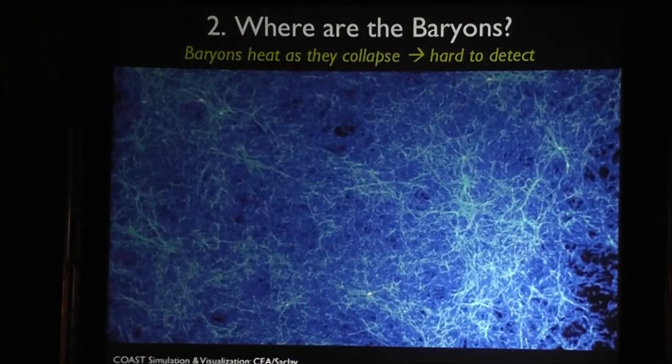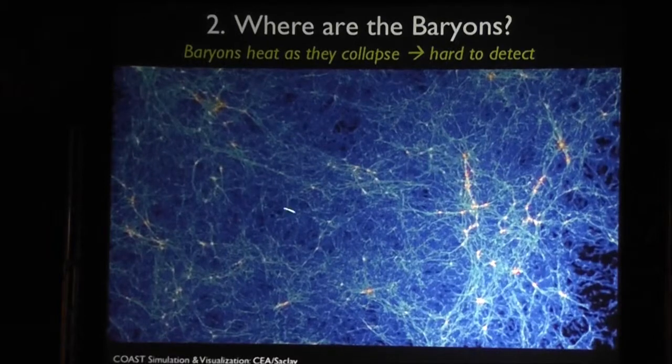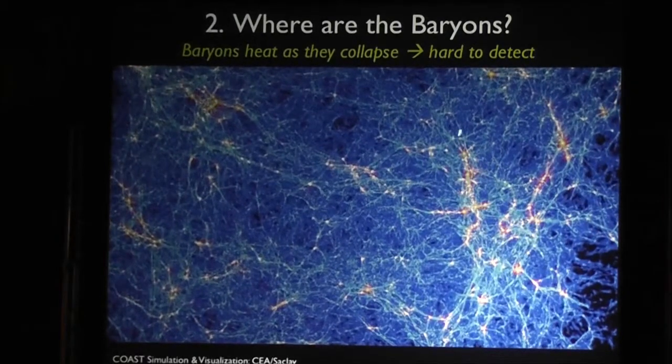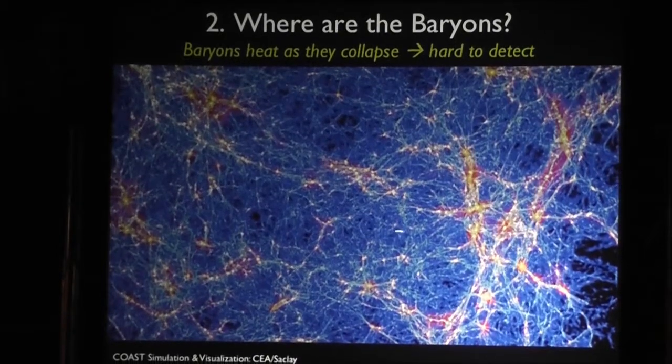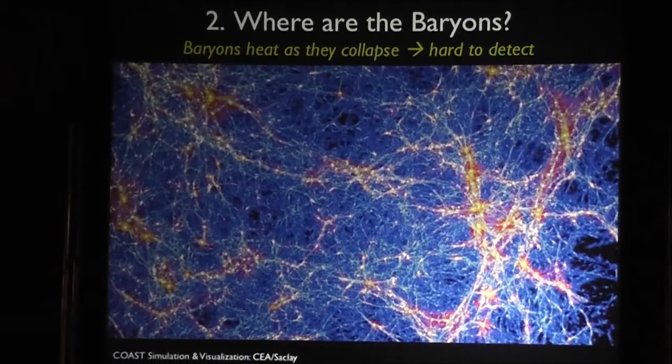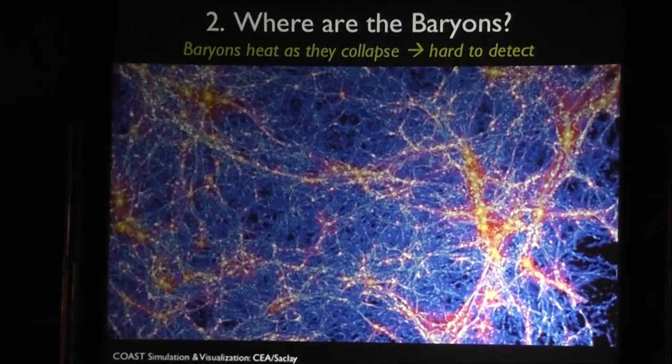And simulations show this happening. Basically, the color tells you the temperature. Blue is 10,000, and orange is more like 1,000,000. And so in the densest regions, it's collapsing and forming this very warm intergalactic medium plasma. And it's more difficult to observe when it's warm.